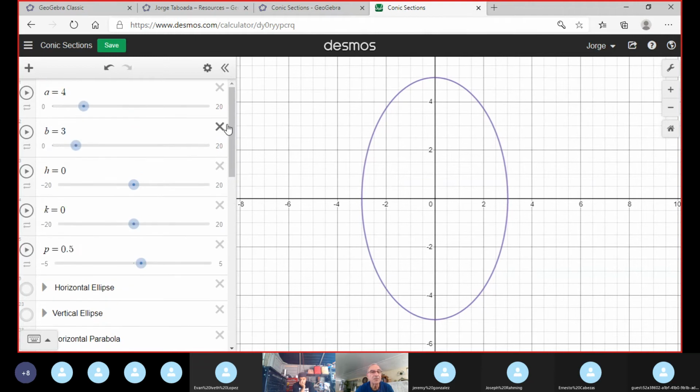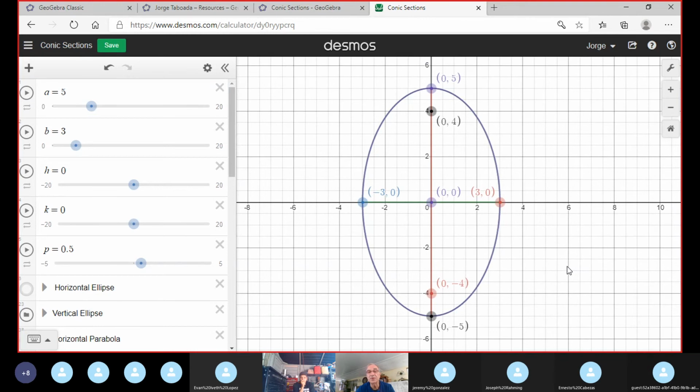Look at that. B is 3 again, basic coincidence. Okay, and this is a vertical ellipse.